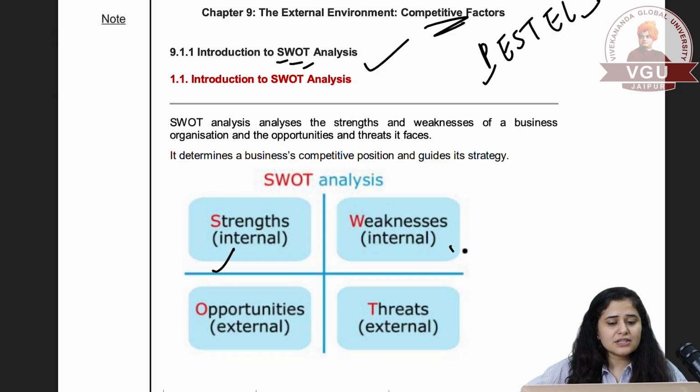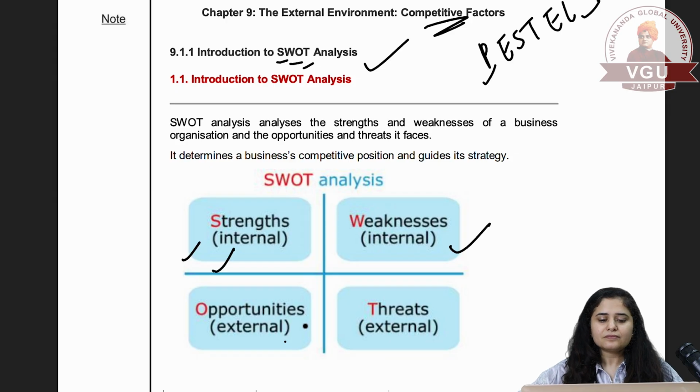Strengths and weaknesses are the internal part of the organization. We internally check what our strengths are, what our weaknesses are as compared to the competitors in the market. And opportunities are the external environment opportunities we have in the market or in the industries so that we can capture them.